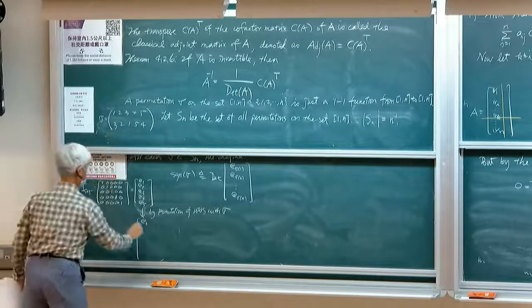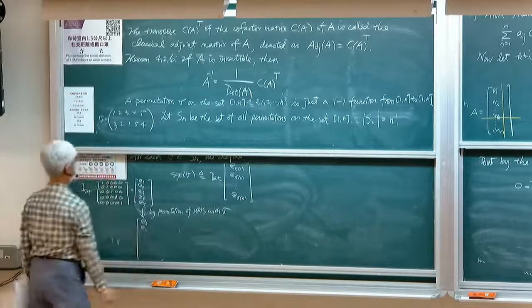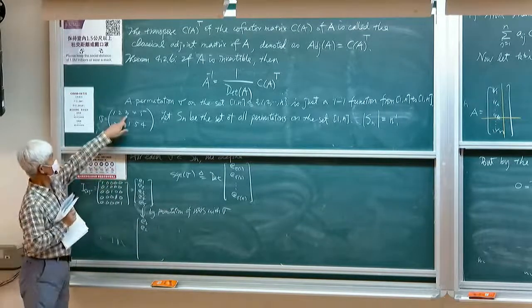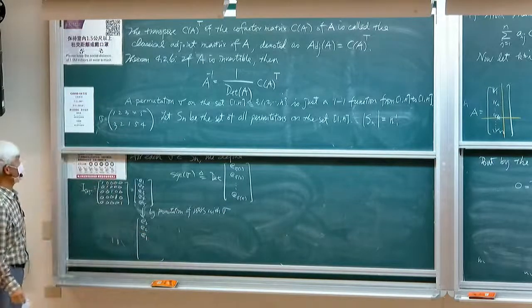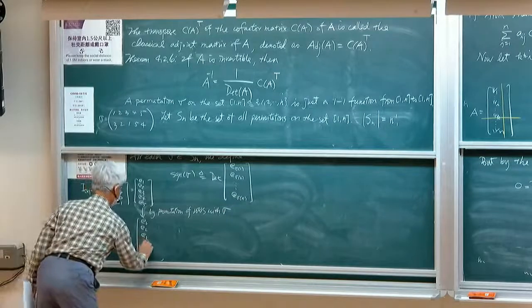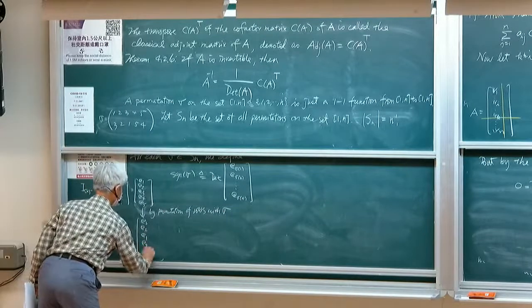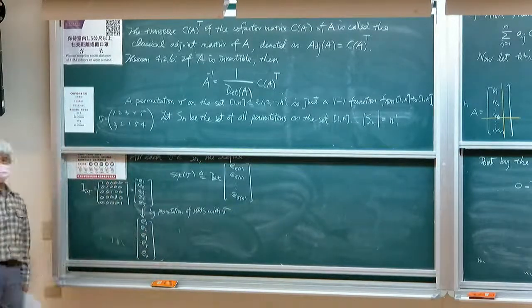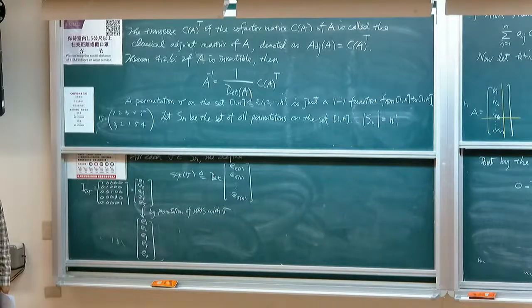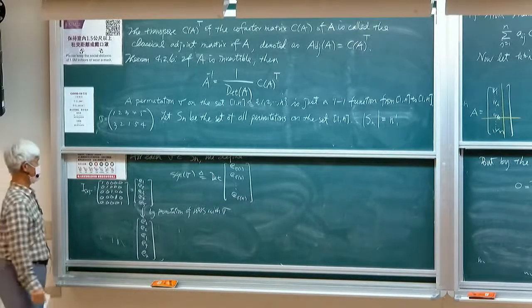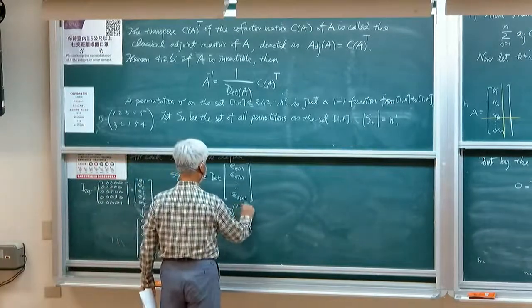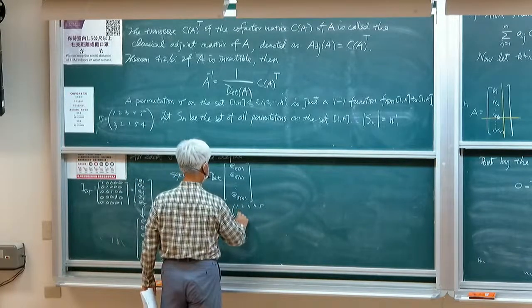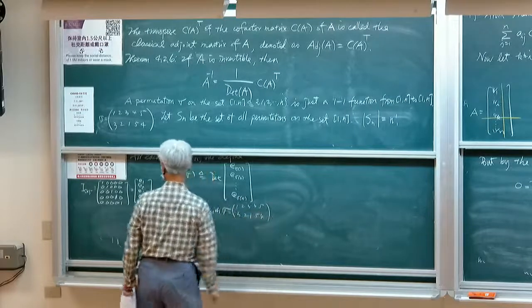The second row is still the second row. The third row becomes the first row, and this is E5, and then E4.